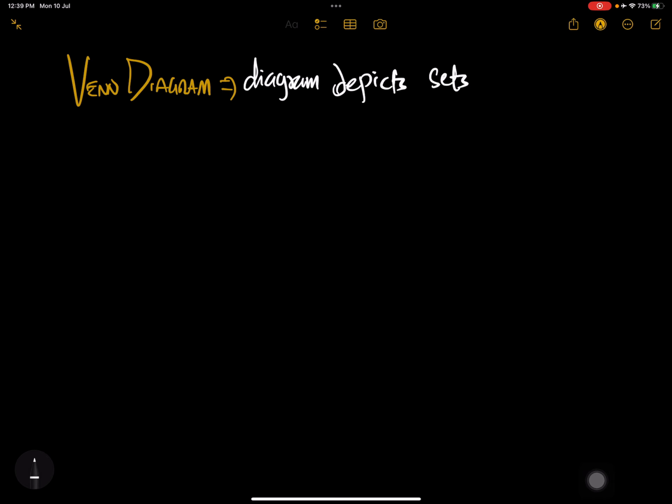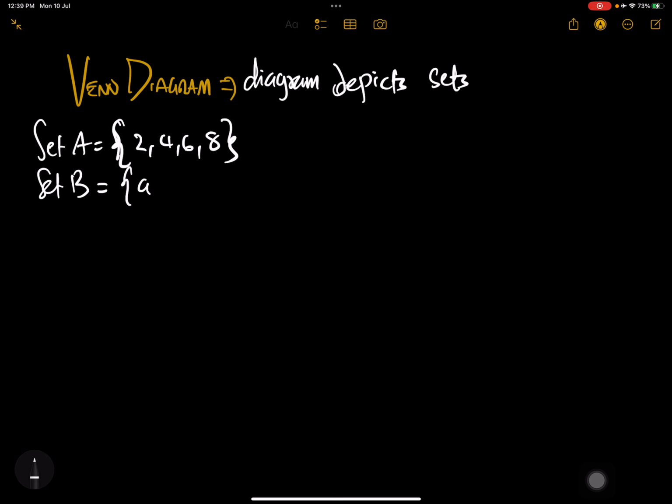So instead of writing them out, let's say we have set A, which is 2, 4, 6, and 8, the first four even numbers, and set B, which is A, B, C, D, and E, and then set C, which is the numbers 1, 2, and 3.